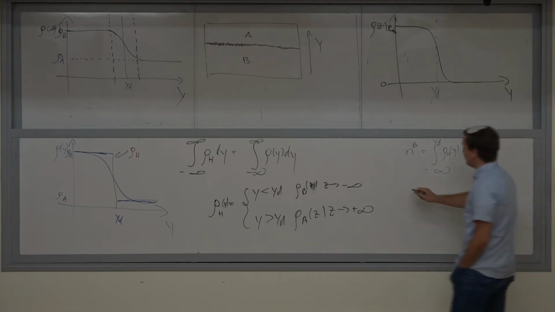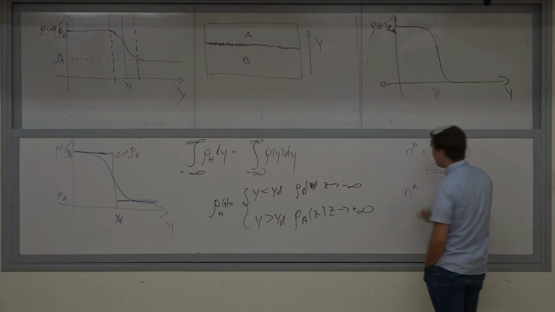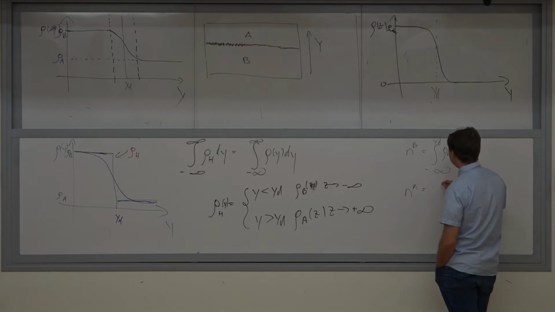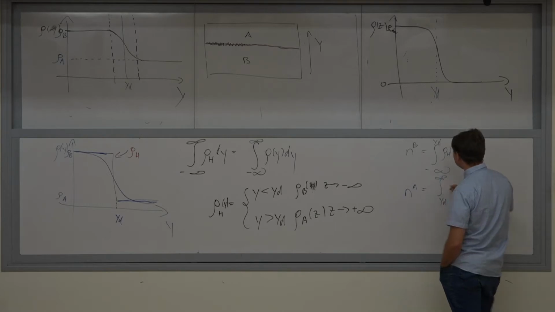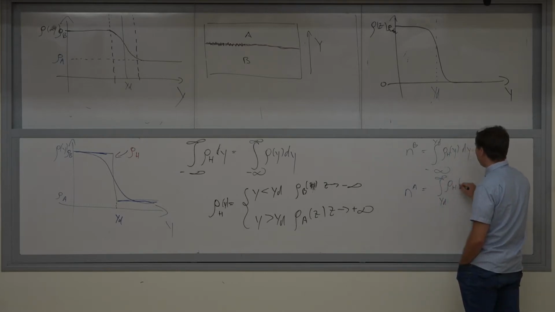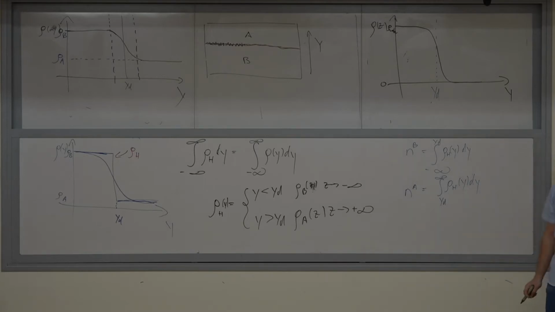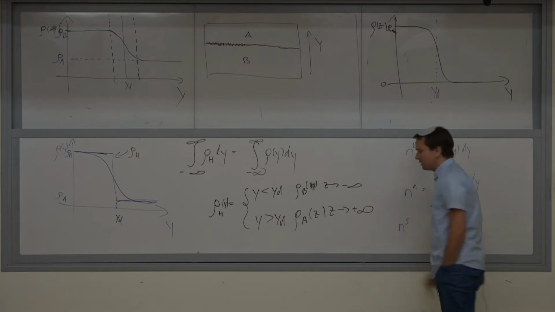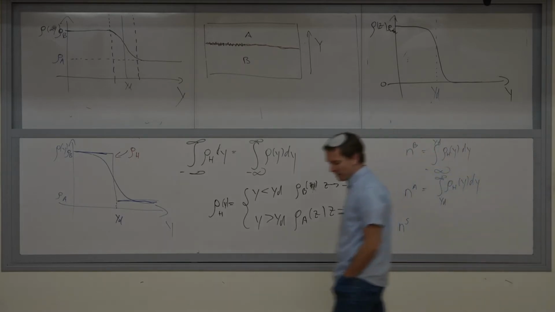The number of particles in phase A equals an integral from yd to plus infinity of rho hypothetical of y dy. The number of particles at the surface, right?